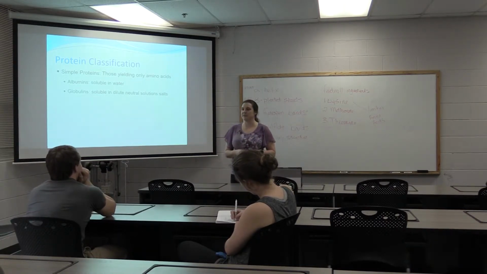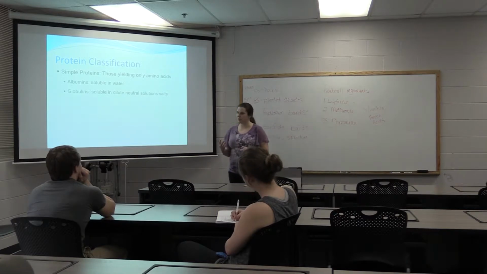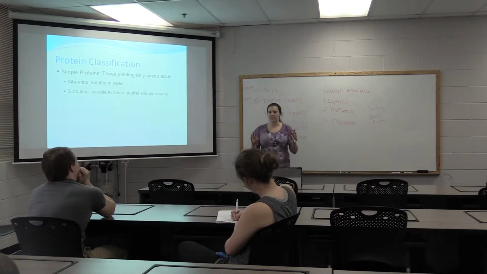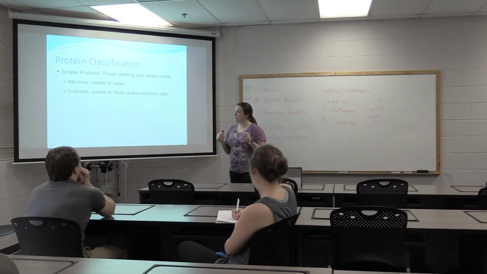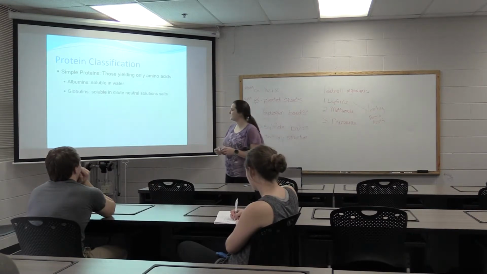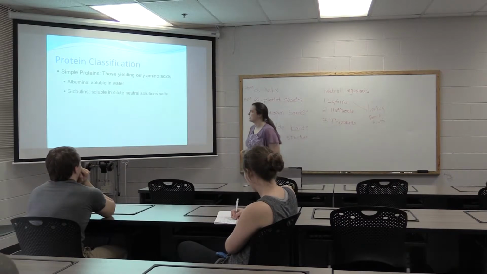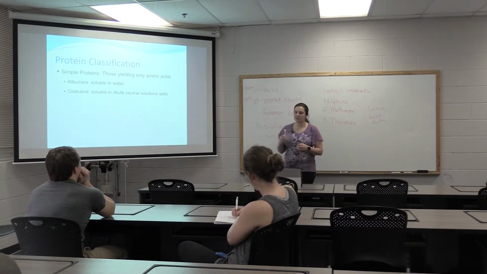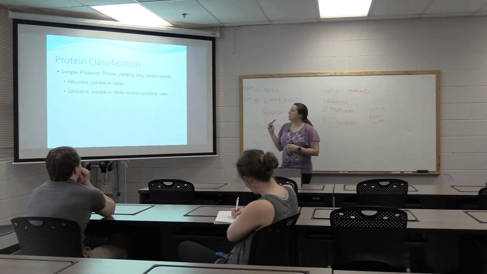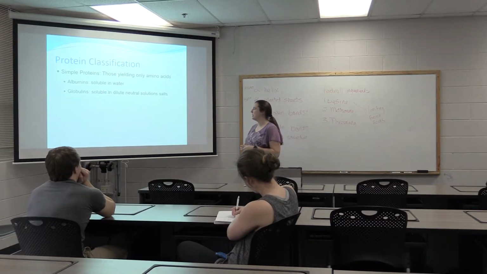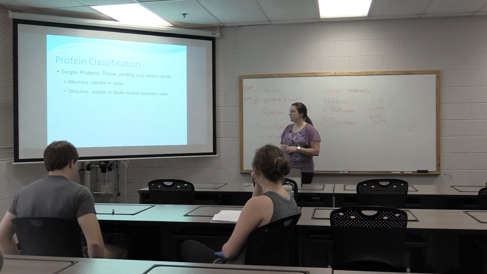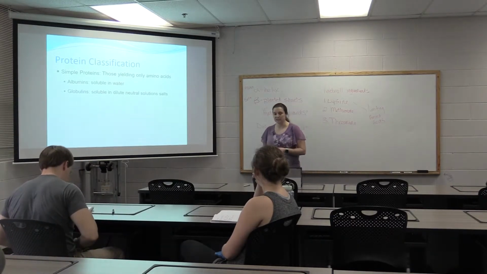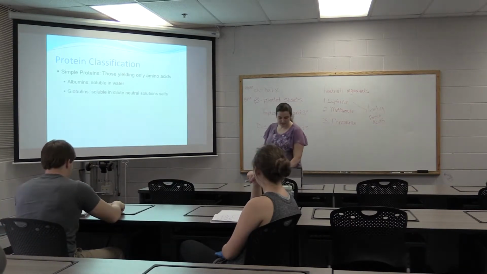A lot of your minerals and vitamins are going to be bound to albumin, and that's the way to keep them from reacting with other things within your blood. And then we have globulins, which you can get to precipitate out. Your globulins are going to be like your immunoglobulins.